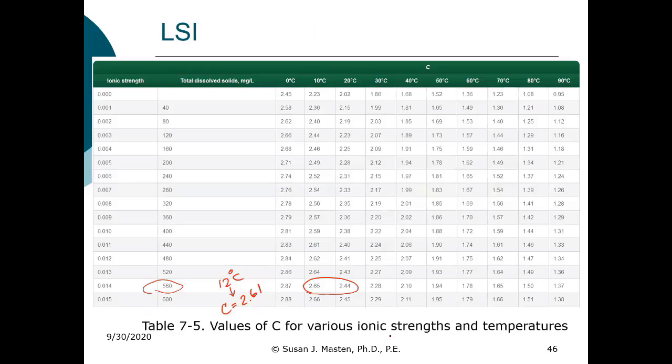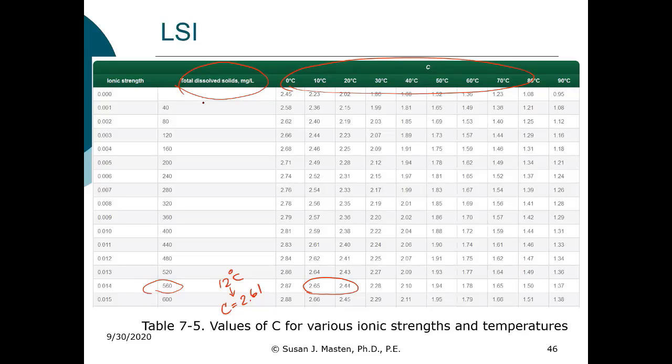And the question is, where did the 2.61 come from? That came from this table here, which is simply a table of C values as a function of temperature and total dissolved solids.